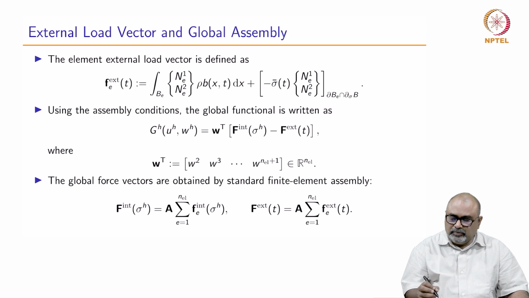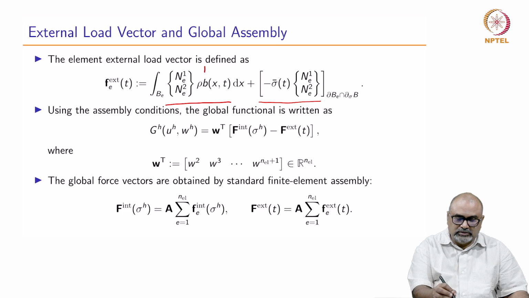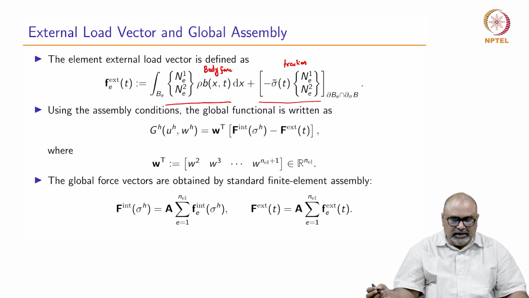the contributions coming from the traction forces and the contribution coming from body force. This is a term coming from body force, and these are terms coming from traction force. N transpose rho times b dx gives the body force part, and sigma bar t times N transpose evaluated on the boundaries of the element gives the traction force.